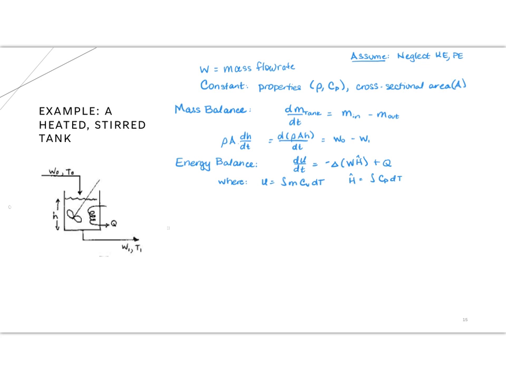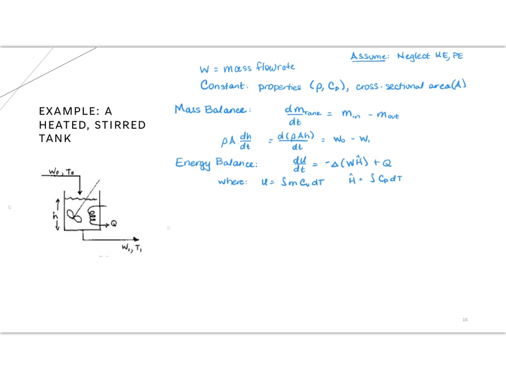In this case, I've got a negative delta because it's in minus out instead of out minus in. And then U is defined, because this is the total internal energy, as the integral of mass times Cv dT. And the specific enthalpy is the integral of Cp dT. Now, each of these will be integrated from some starting point, Tref, the reference, up to the temperature that's appropriate.